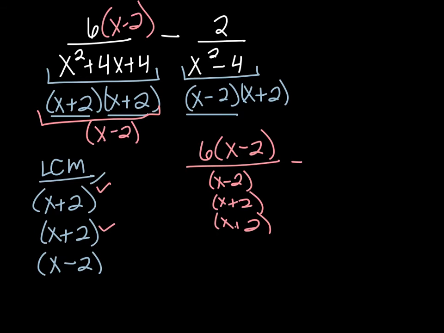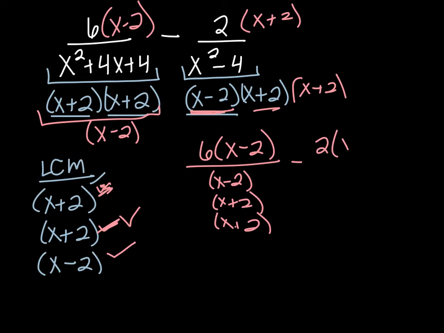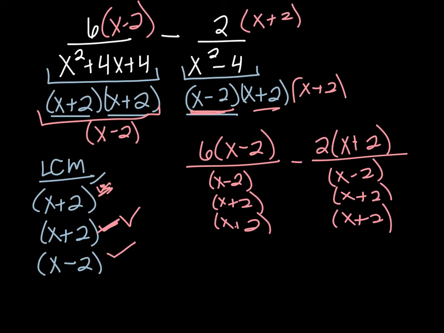Minus. Well, if I have an x minus 2 and an x plus 2, then I'm missing an x plus 2 top and bottom. So I'm going to rewrite that as 2 times x plus 2 all over x minus 2, x plus 2, x plus 2.